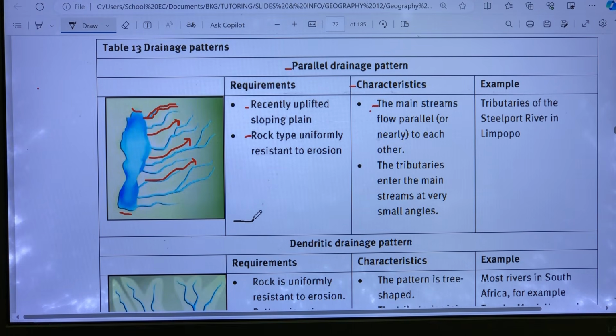This is the riverbed, and on the side it starts to uplift, so it's a sloping plane. And on the other side it starts to be gentle, and you have a riverbed. So it's also vice versa, okay?